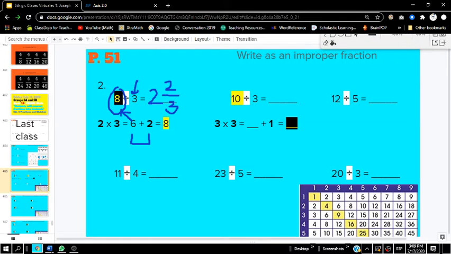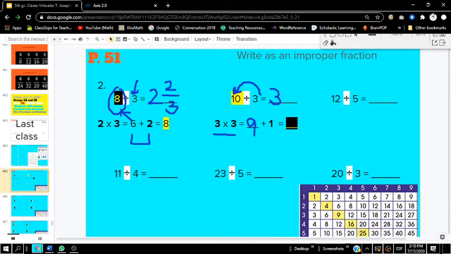Okay, let's do the next one. How many times can 3 go into or enter 10? Well, I know that 3 times 3 equals 9. That comes pretty close to 10. So my whole number is going to be 3. But how many more do we need before we reach our larger number, our dividend, right?